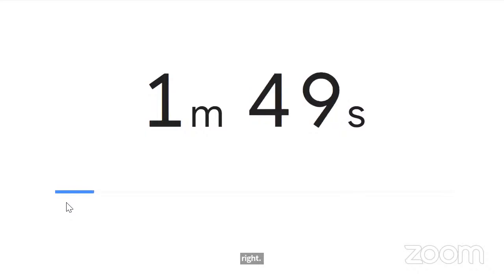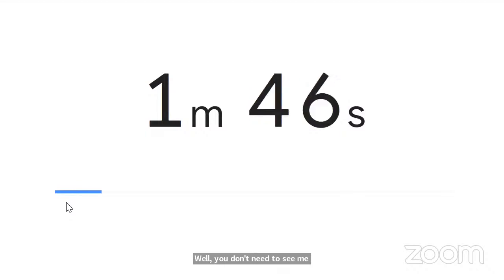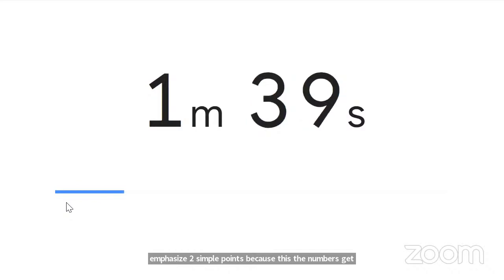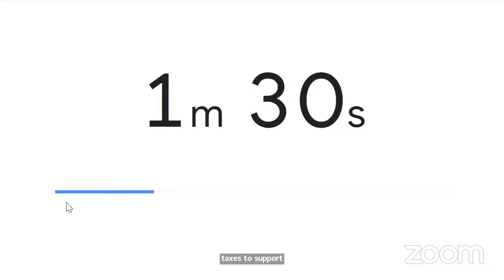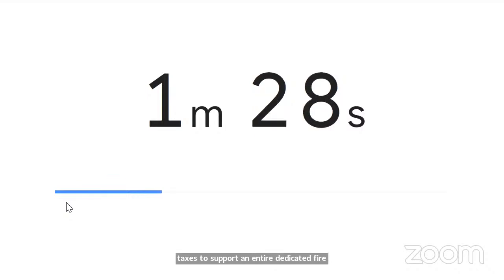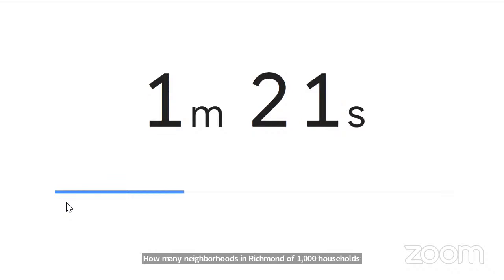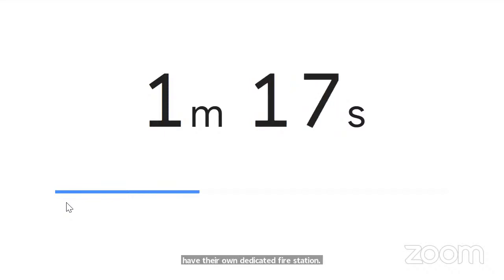Okay, I just want to emphasize 2 simple points because the numbers get so complicated. It's no surprise that 1,452 homes don't pay enough in property taxes to support an entire dedicated fire station and a police beat. I mean, think about it. How many neighborhoods in Richmond of 1,000 households have their own dedicated fire station? It's normally like 7, 8, 9,000 people.